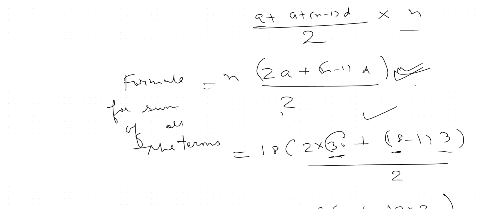Use this formula and got the answer. So yeah, I think this is a quick 2-minute recap of what we have done so far: the basic ideas of AP and formulas on what is A, what is D, what is a plus n minus 1 d, and lastly this formula of n by 2 into 2a plus n minus 1 d.